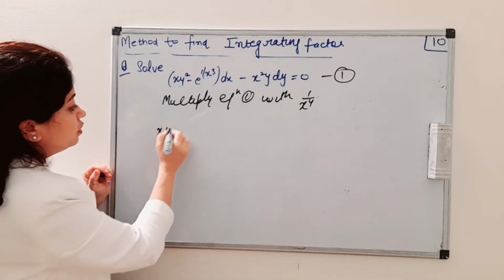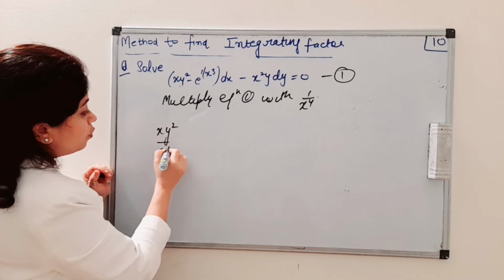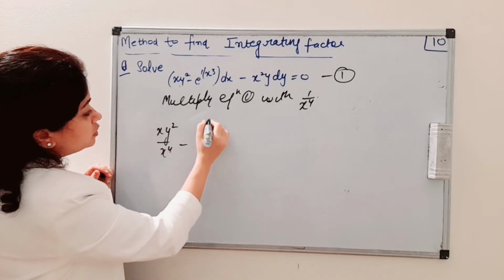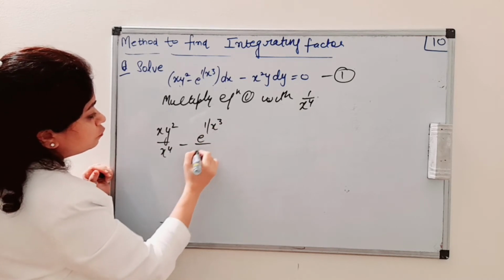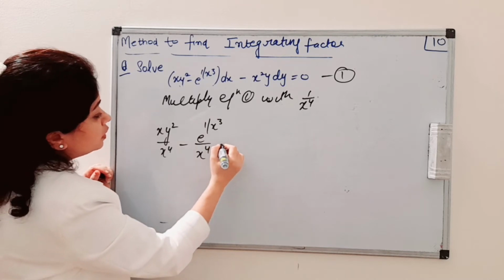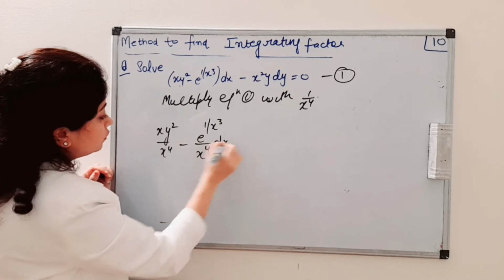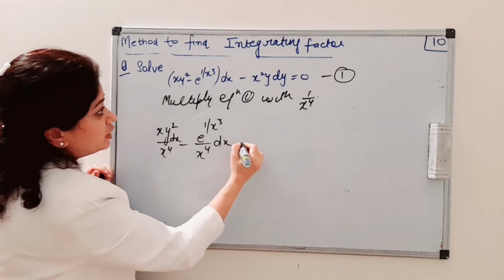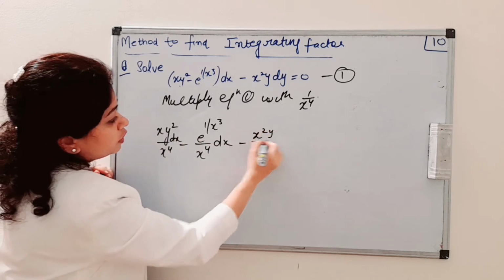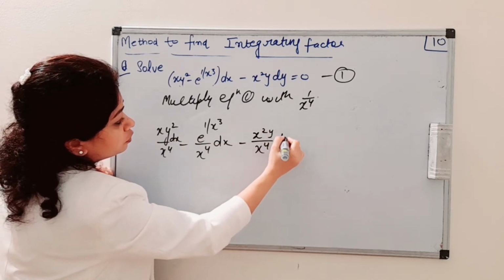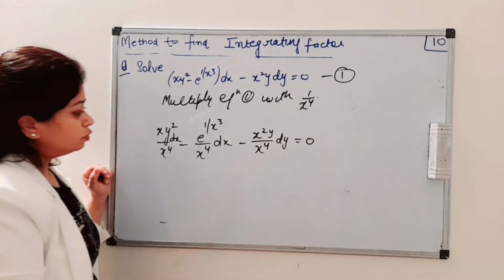So we get (xy²/x⁴ − e^(1/x³)/x⁴) dx − (x²y/x⁴) dy = 0.